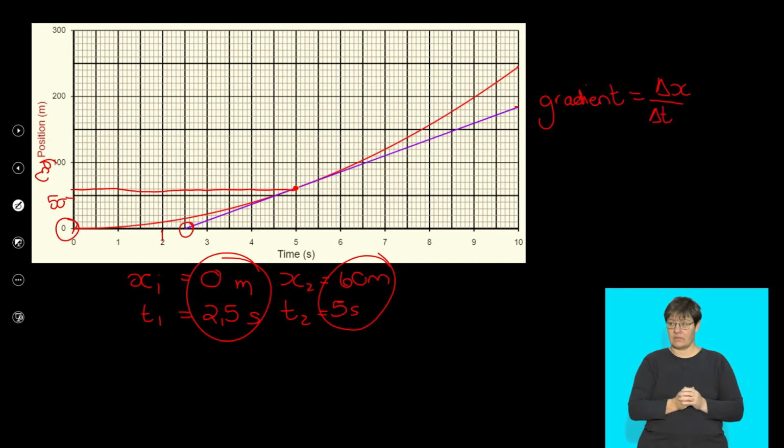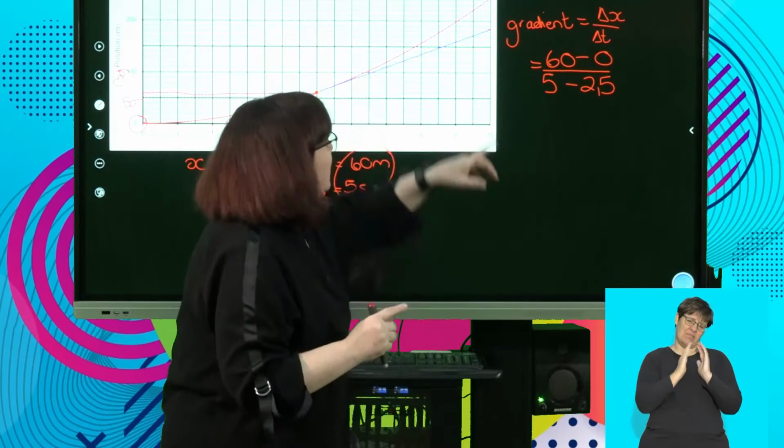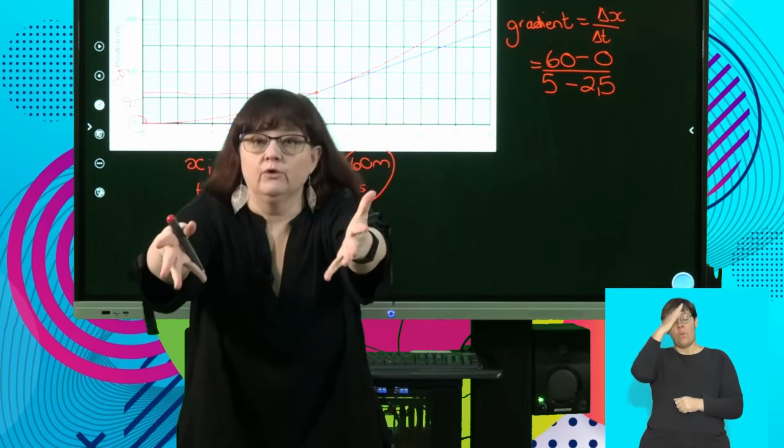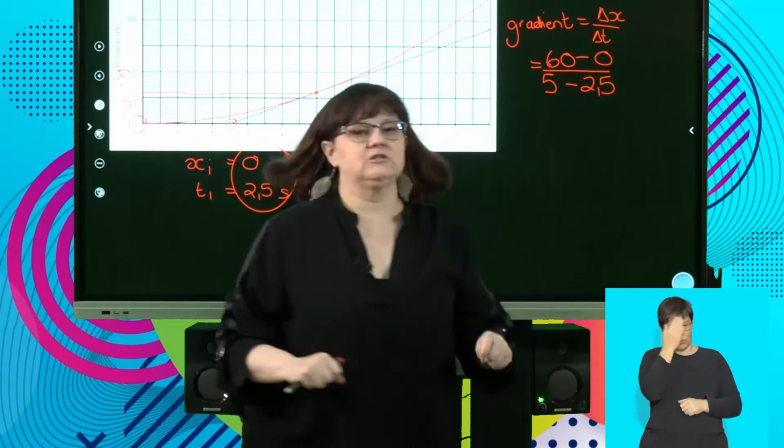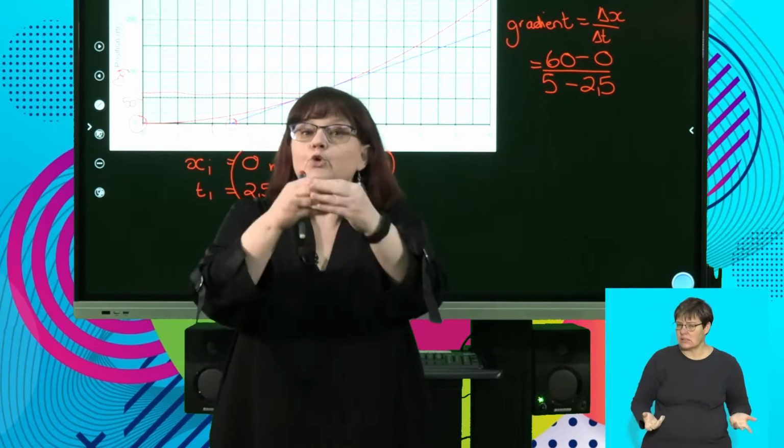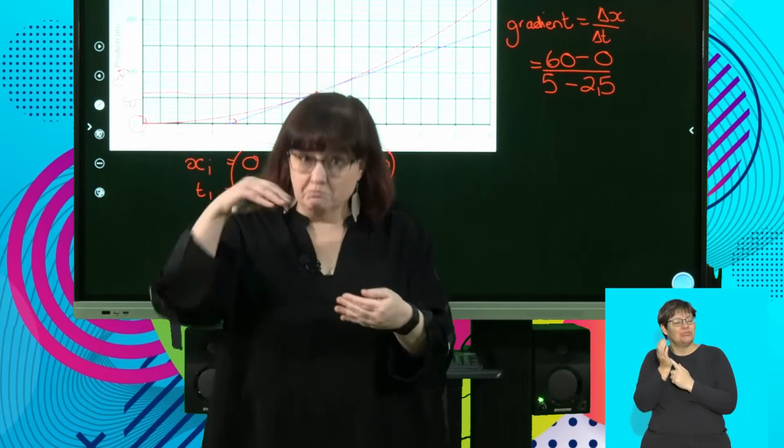That means we're going to do 60 minus 0 over 5 minus 2.5. Please be careful here for me. I know, and you know, that 60 minus 0 is 60. But you've got to show me that you minus the 0, because the 0 is important.